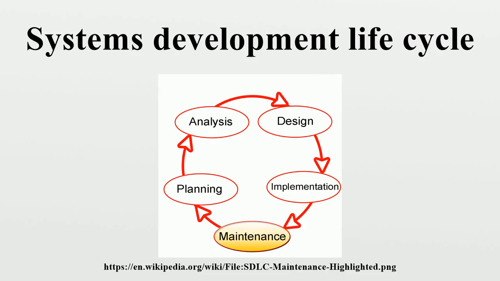Ever since, according to Elliott, the traditional lifecycle approaches to systems development have been increasingly replaced with alternative approaches and frameworks, which attempted to overcome some of the inherent deficiencies of the traditional SDLC phases. The system development lifecycle framework provides a sequence of activities for system designers and developers to follow.